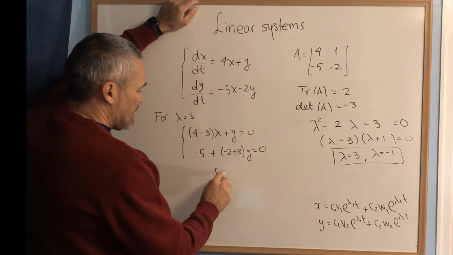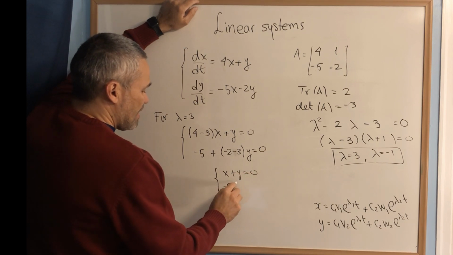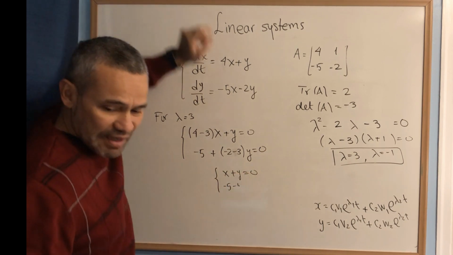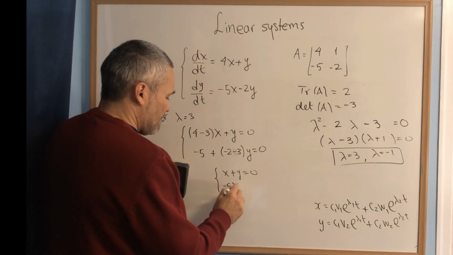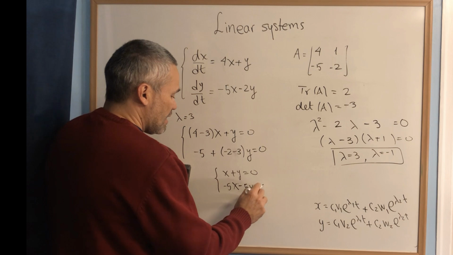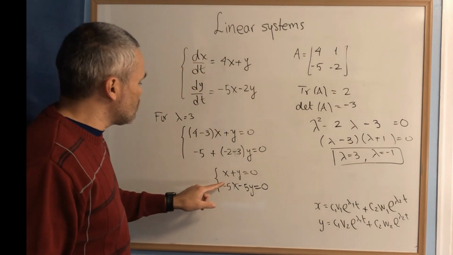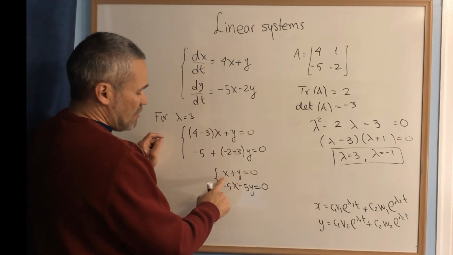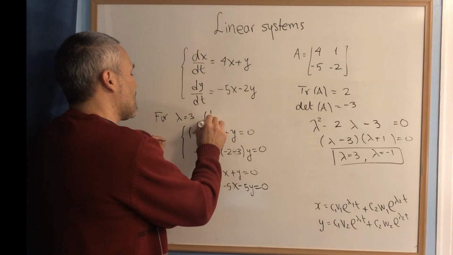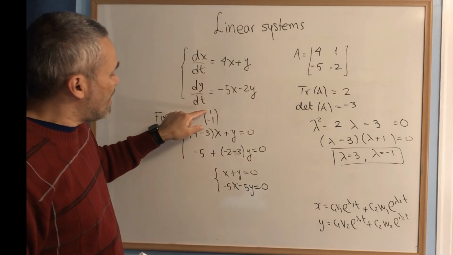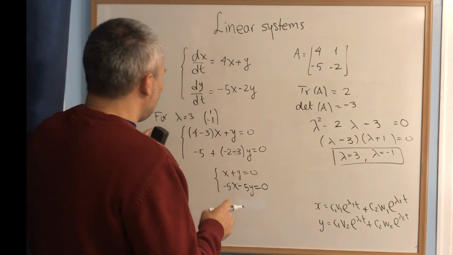This is the system x plus y equals 0, and -5x minus 5y equals 0. Then a non-zero solution of this would be x equal 1 and y equal -1. Then we put 1 and -1. Notice that here we have our v1 and v2.